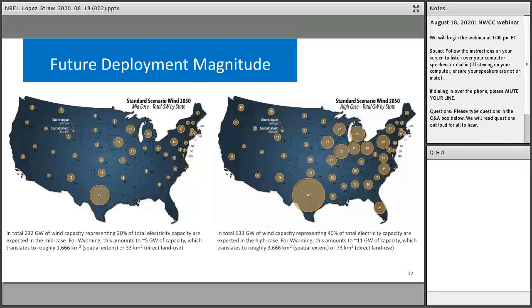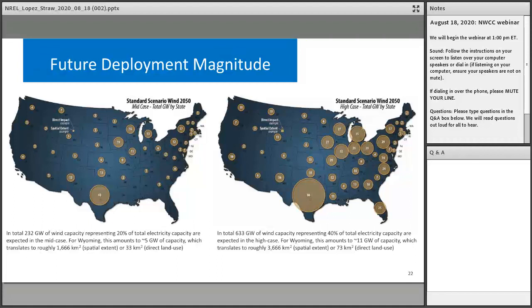Yeah, so great question. Standard Scenarios actually came after the Wind Vision. Standard Scenarios was developed by NREL a couple of years ago, basically modeling the EIA's Annual Energy Outlook.